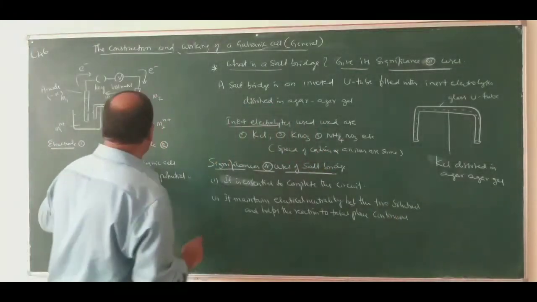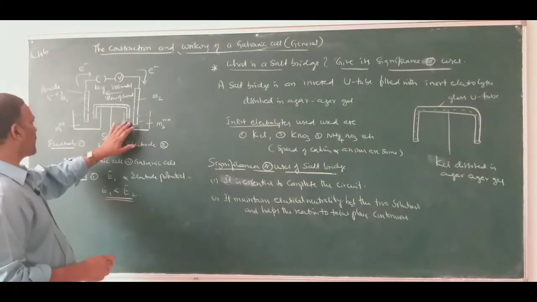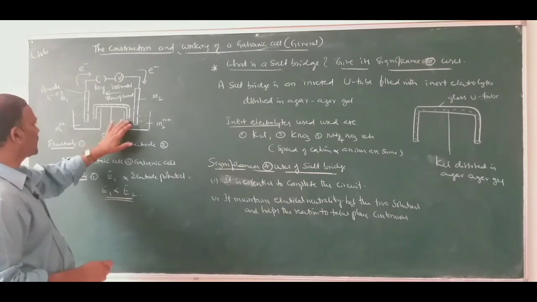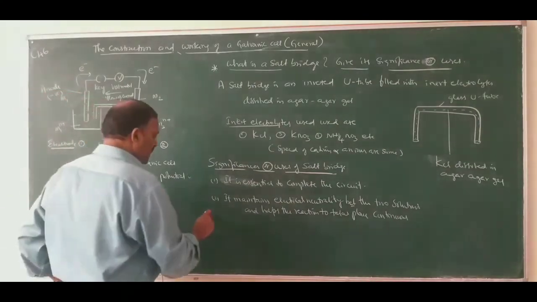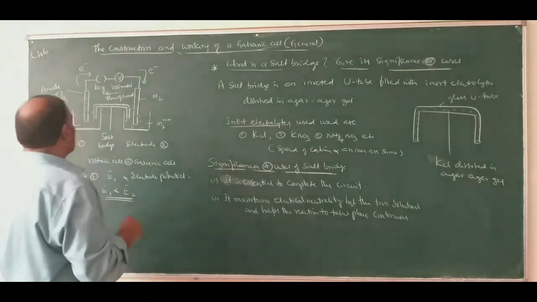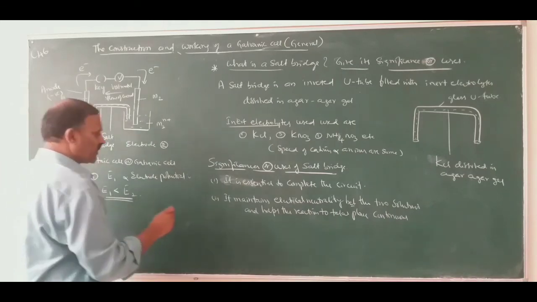So it maintains the electrical neutrality between the two compartments, or two solutions, in the anodic and cathodic compartments, and thereby it helps a continuous cell reaction to take place.